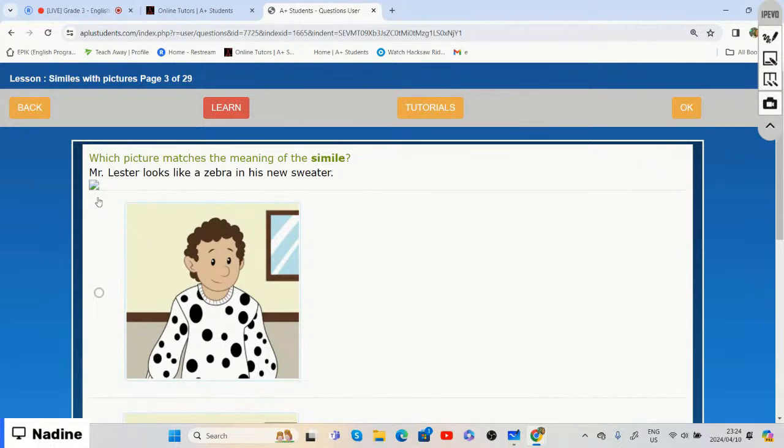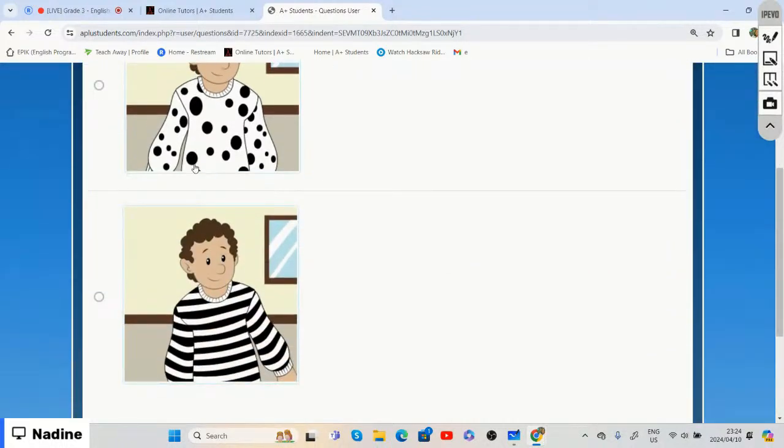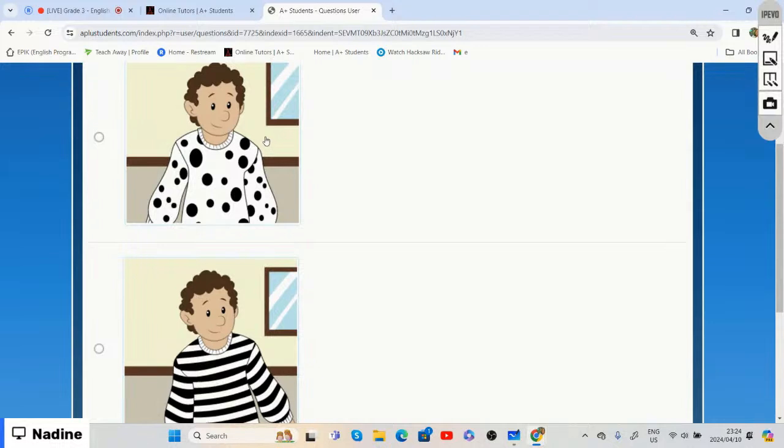So here it says, which picture matches the meaning of the simile? It says, Mr. Lester looks like a zebra in his new sweater. A zebra, does a zebra have black and white dots, or does a zebra have stripes, black and white stripes? So does a zebra have spots, or does a zebra have stripes?